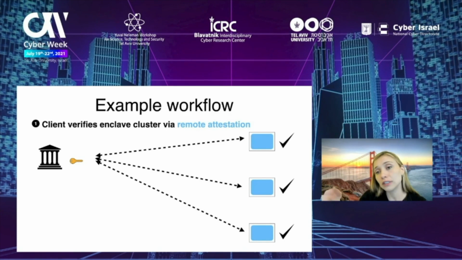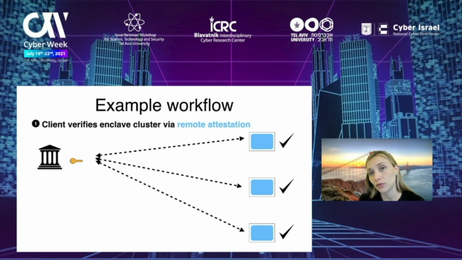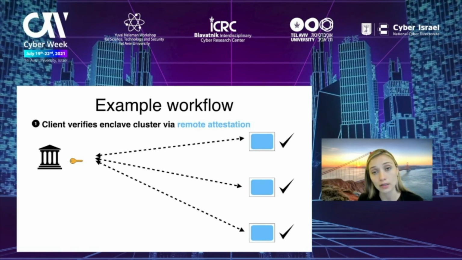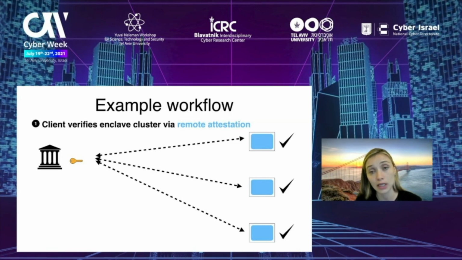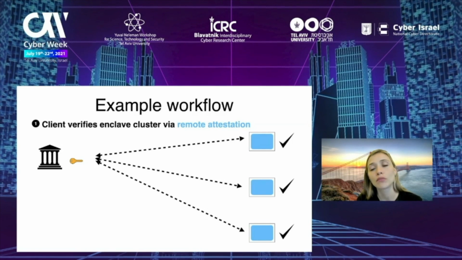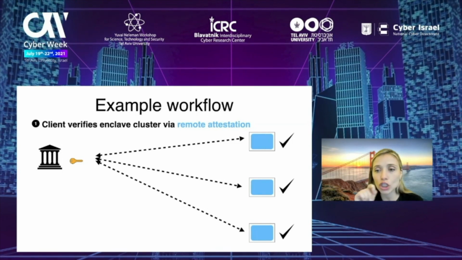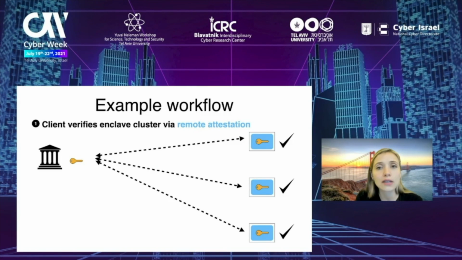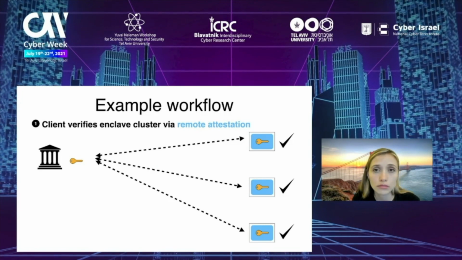So now after this remote attestation procedure, which actually involves hardware mechanisms on the enclave side, has been verified, the bank can exchange its key with the enclaves over a secure channel.